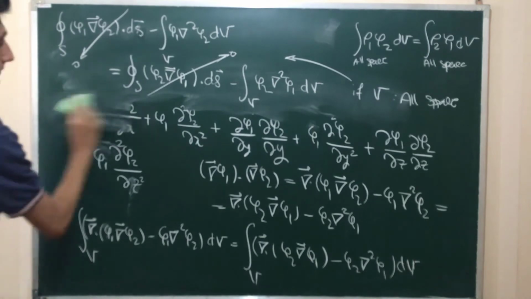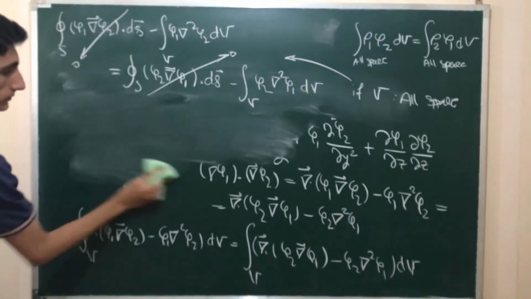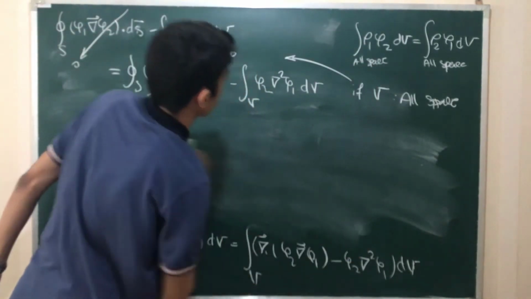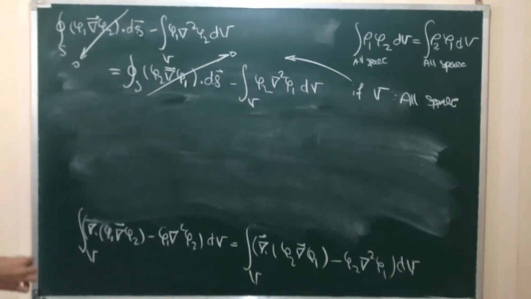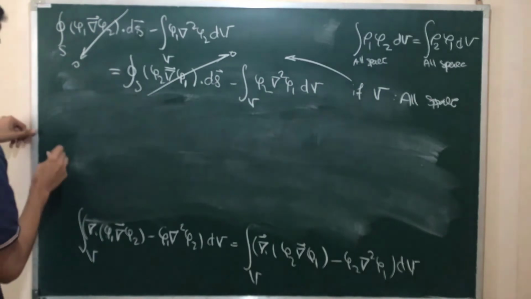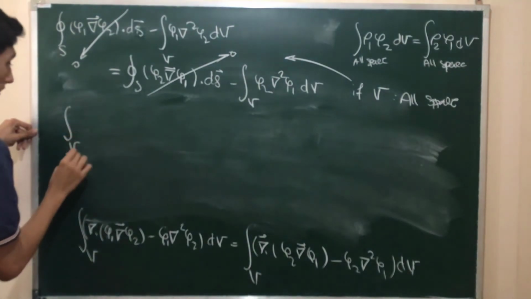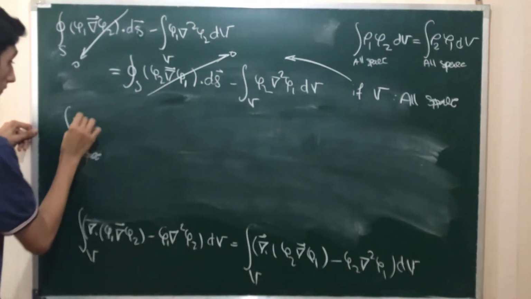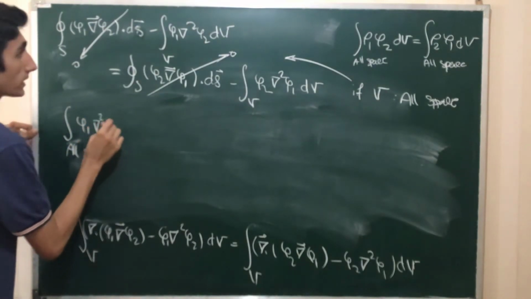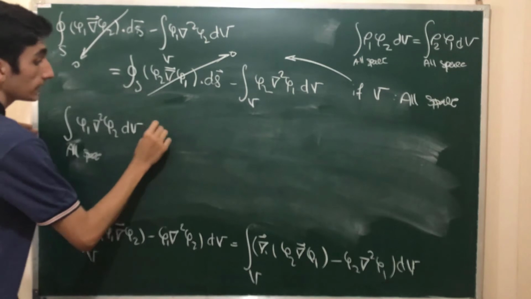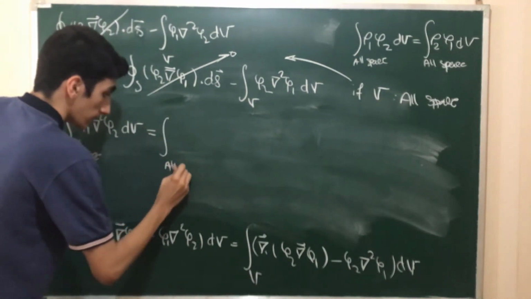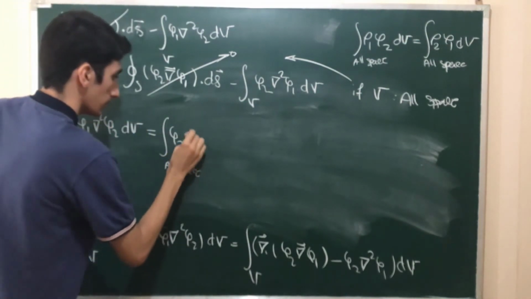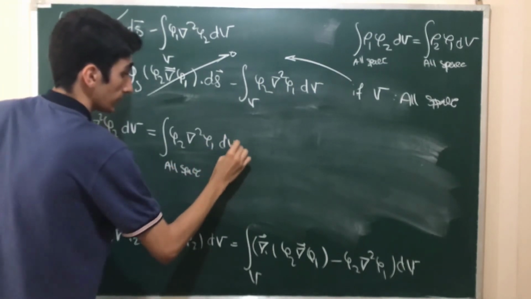Now what we have is that the integral over all of space of phi 1 times the Laplacian of phi 2 dV is equal to the integral over all of space of phi 2 times the Laplacian of phi 1 dV.